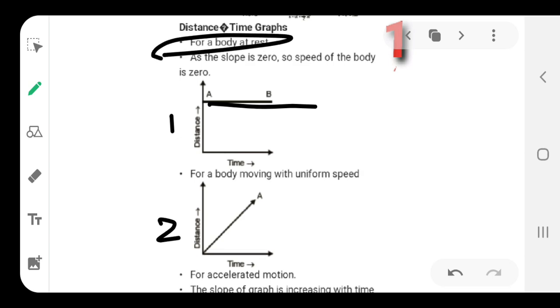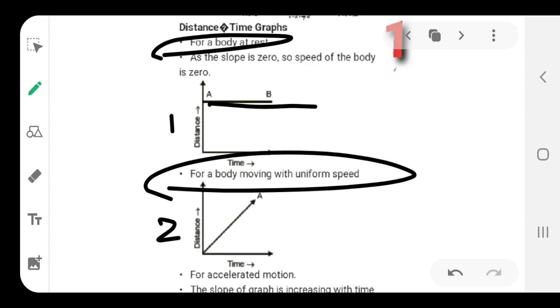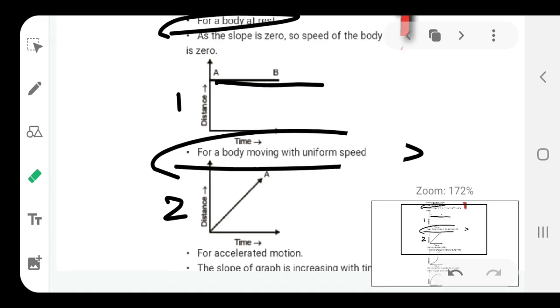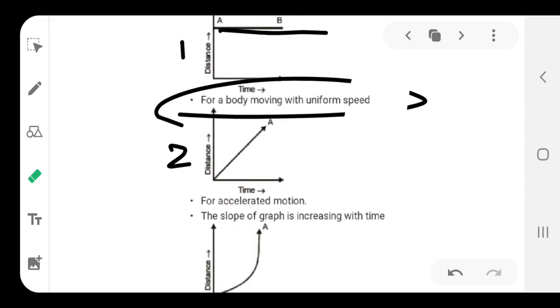In the second case, you can see the body is moving with a uniform speed. Now, how do you know the body is moving with uniform speed? You can see the distance time graph is a straight line inclined to the time axis.